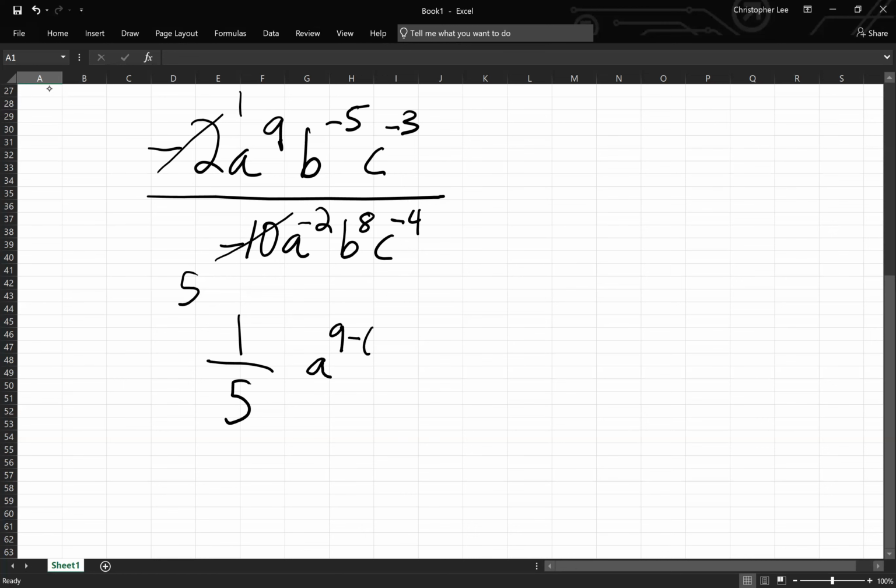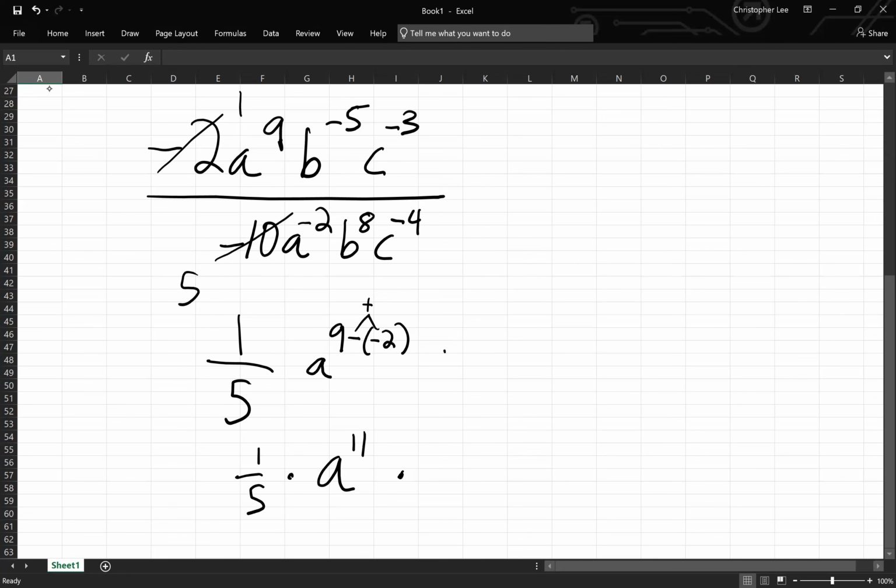So what's 9 minus negative 2? A negative and a negative becomes, right? I knew you put that negative sign there. So 9 plus 2 is 11, right? So A is 11. It's gonna be on the top.